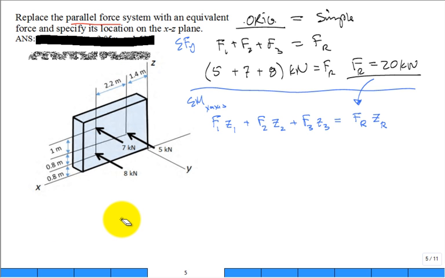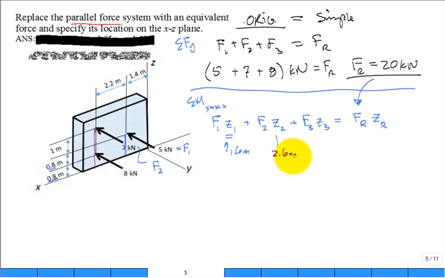Sorry about that. So this Z1 is going to be this distance up, and that's going to be 0.8 plus 0.8, so that's 1.6 meter. And this Z2, because this was F1, and this is our F2, which is 7 kilonewtons, it's going to be up a distance 0.8 plus 0.8 plus 1, 2.6.